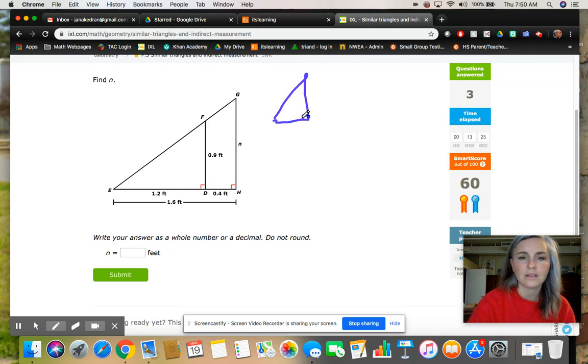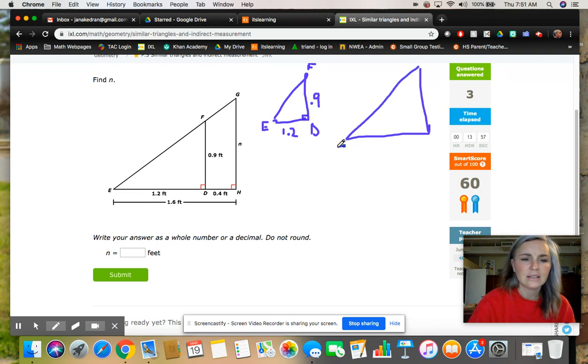So this is going to be the small triangle, which is 1.2 on this leg and 0.9 on this leg. It is F, D, E. And then you can see you've got a bigger triangle here.